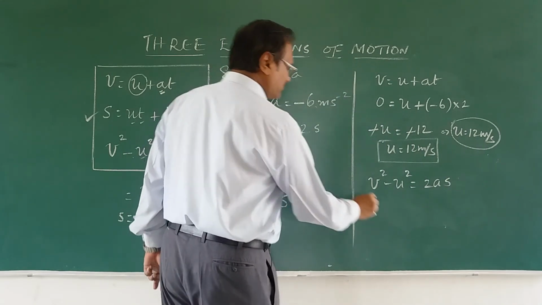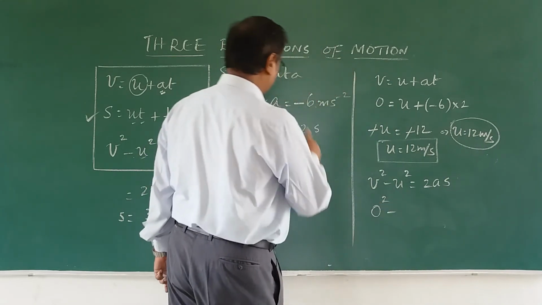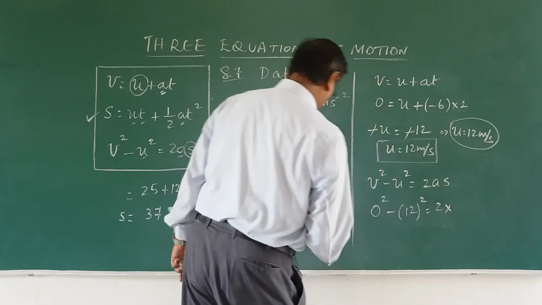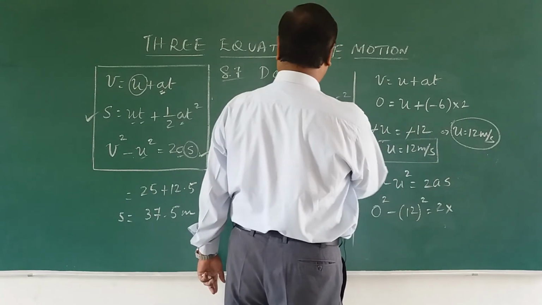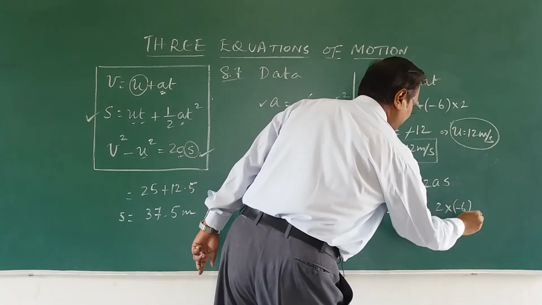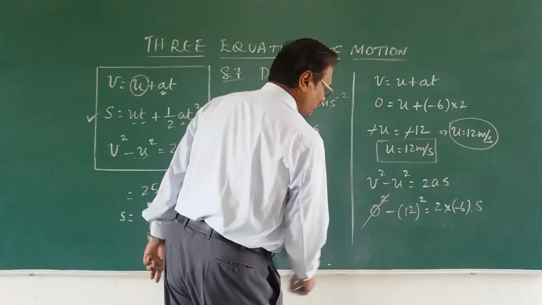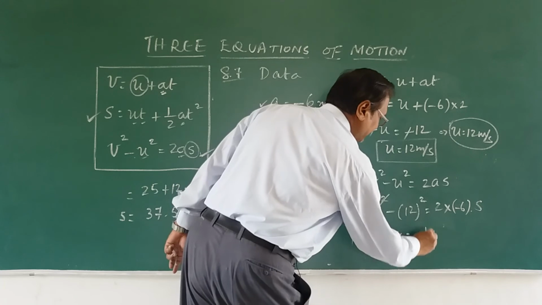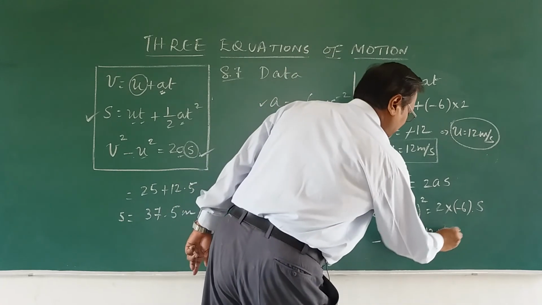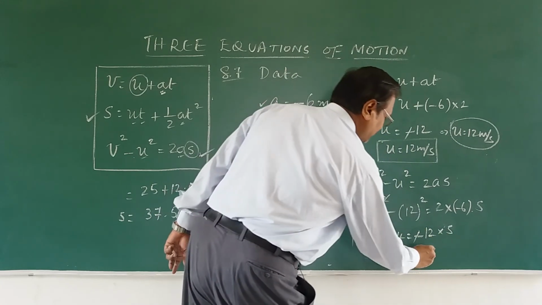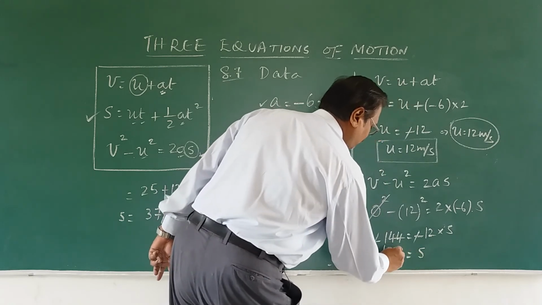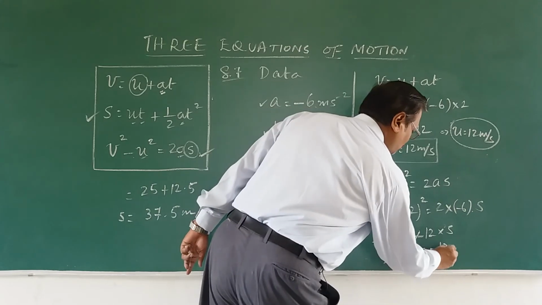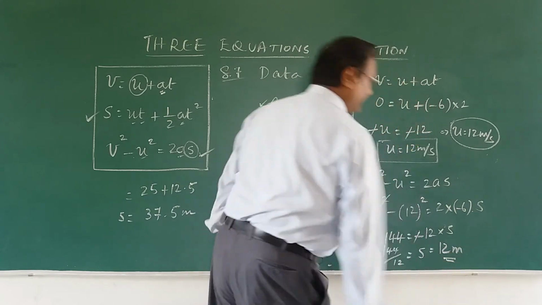V square 0 square minus U 12 square is equal to 2 into the acceleration, minus 6, into S. So minus 144 is equal to minus 12 into S. Minus minus goes. S is equal to 144 divided by 12. 12 12s are 144. So 12 meter is the answer.